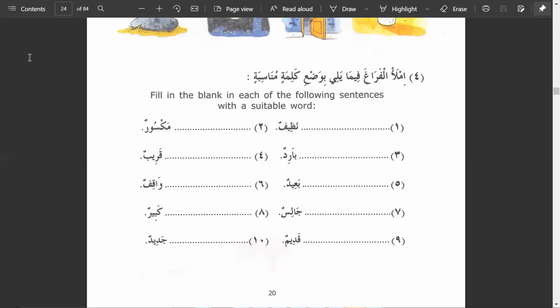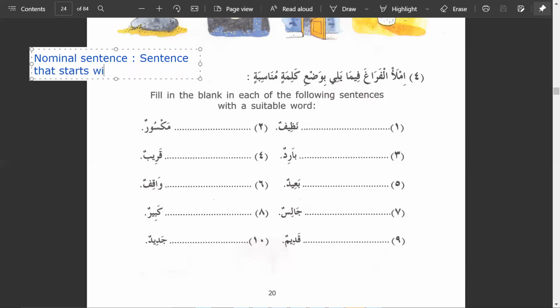Let me write it down. A nominal sentence is a sentence that starts with an ism. Ism means any name. And that is also called, in Arabic, jumla ismiya.